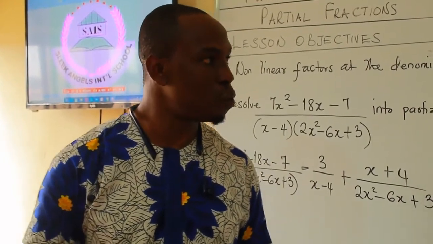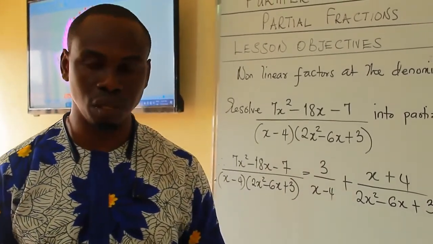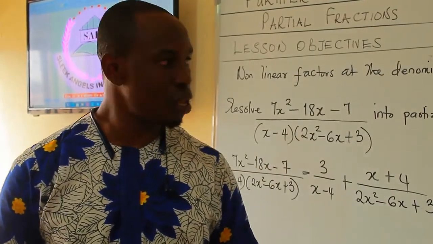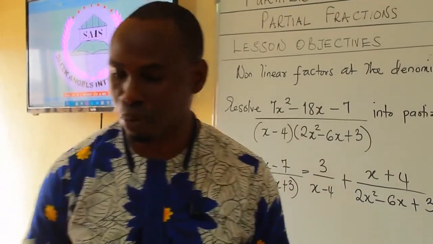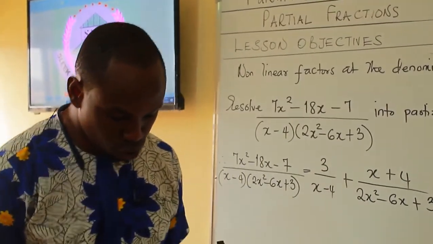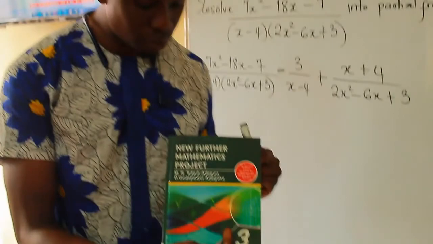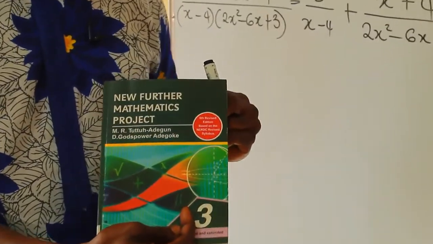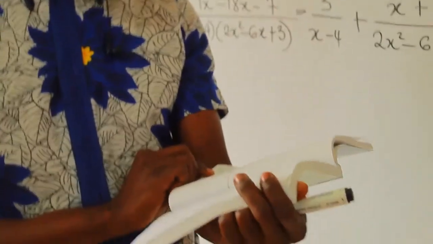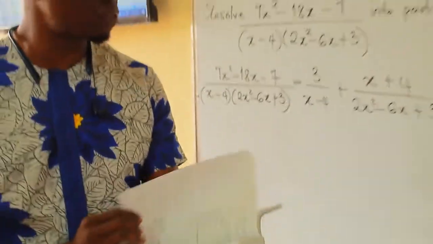I'm going to leave you with an assignment that will be written on the board and to be submitted to my email address or my WhatsApp number. The assignment is going to be gotten from your new Further Mathematics Project 3, and it will be gotten from page 74 and page 76.